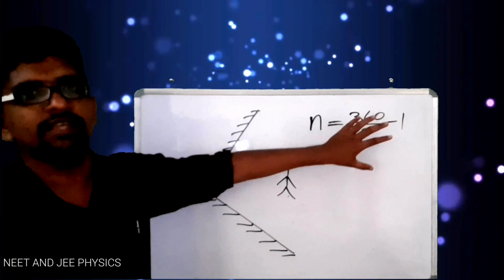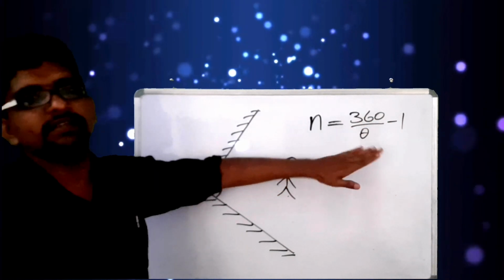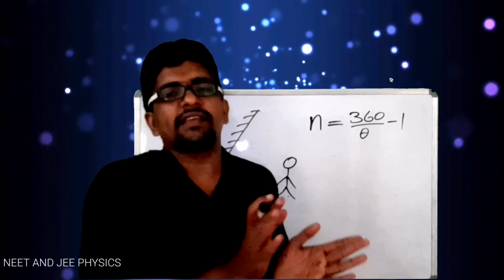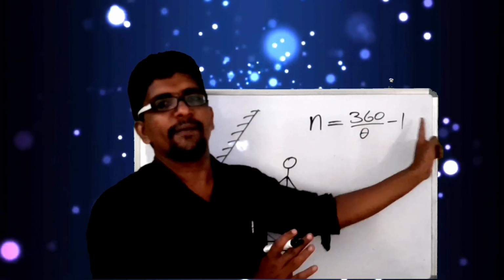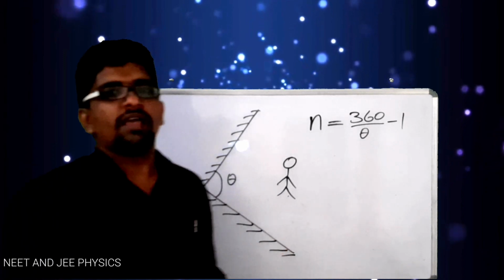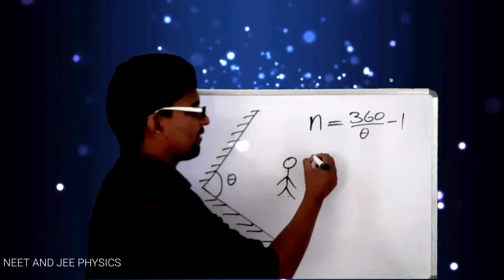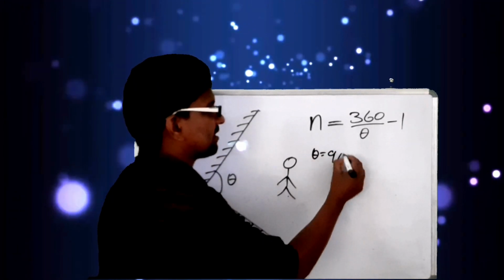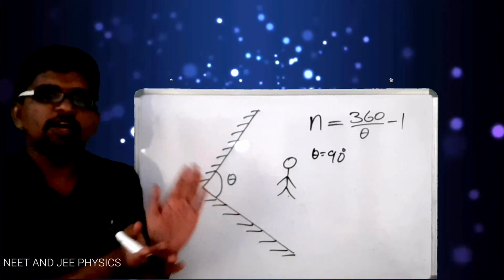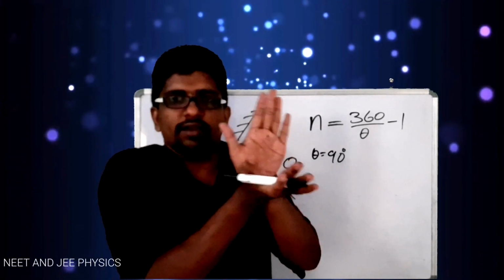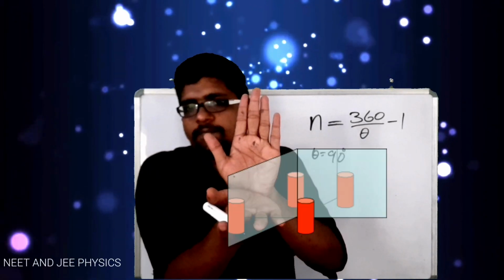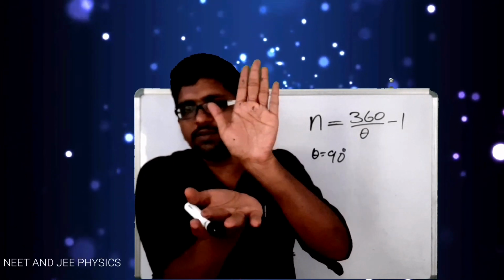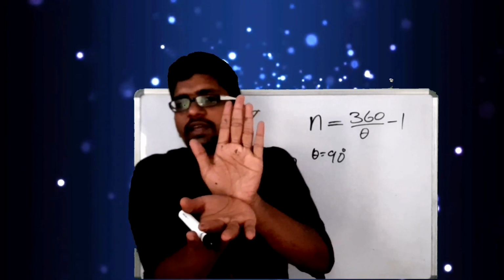Don't forget this equation. The number of images formed by the inclination of two plane mirrors, that is n, is equal to 360 by theta minus 1. For example, if theta is 90 degrees, that means two plane mirrors just like this, perpendicular. The first plane mirror is perpendicular to the second one.